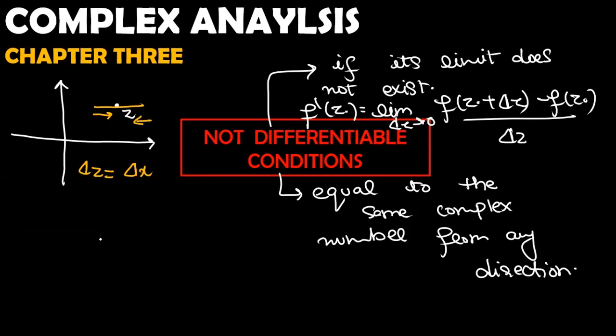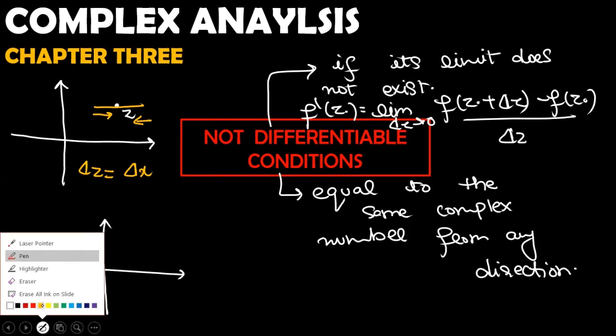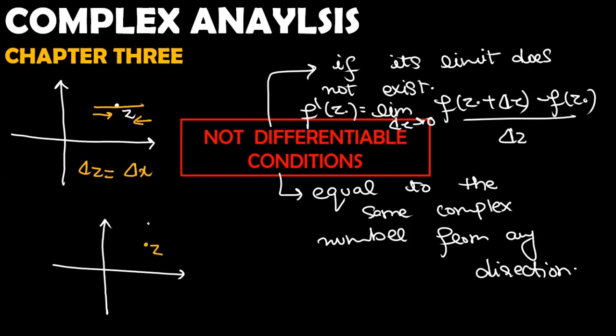Similarly, on a line parallel to the y axis or imaginary axis, where delta z is equal to delta y, from up and down the function should approach the same value, then our function is differentiable. In short, this is our complex plane.